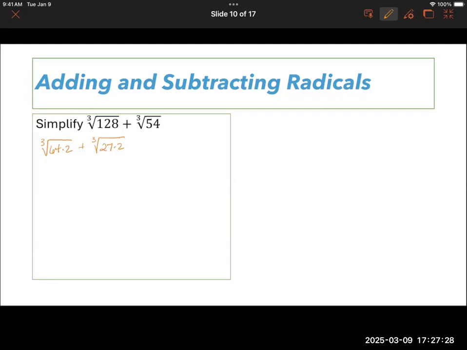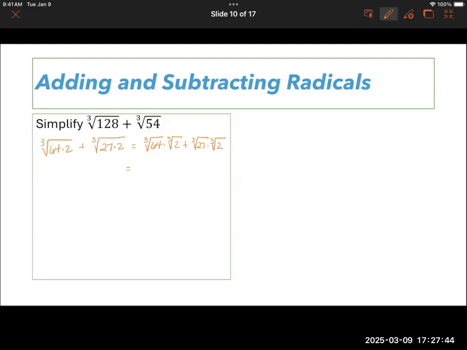Okay, so if I split these up, cubed root of 64, cubed root of 2, cubed root of 27, cubed root of 2.